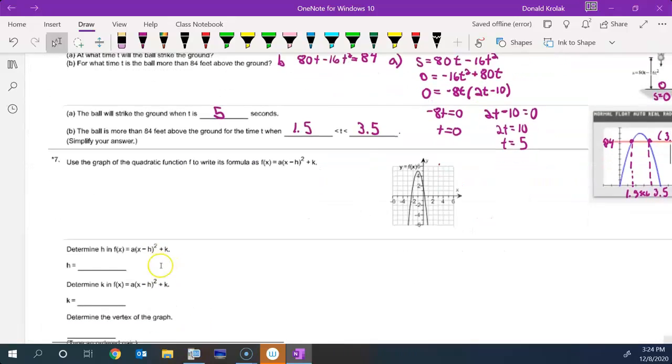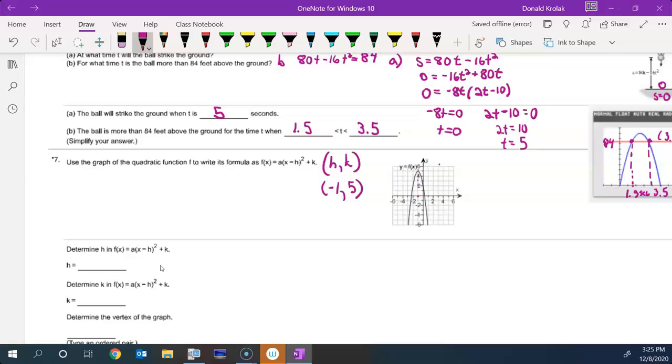Okay, number 7, use the graph of the quadratic function to write its formula in vertex form. All right, so when we're looking at this graph here, we've got to get the vertex, which is (h, k), and we can just pull it off the graph. Each block is 1, so that's going to be -1, and looks like 2, 3, 4, 5. So -1, +5.